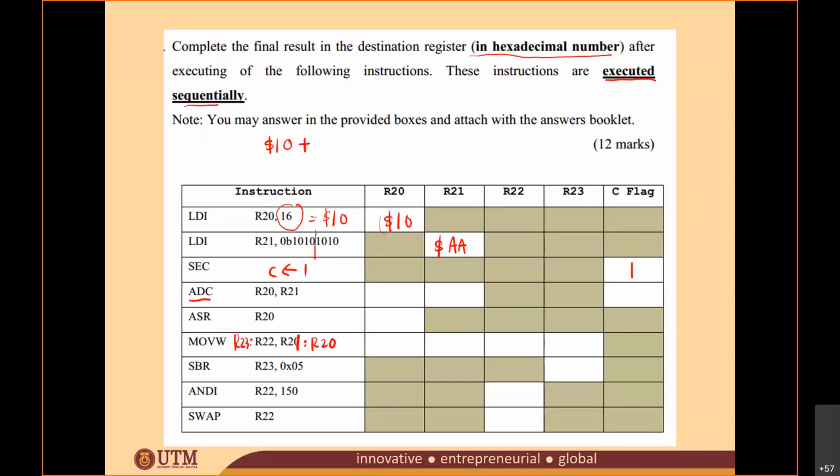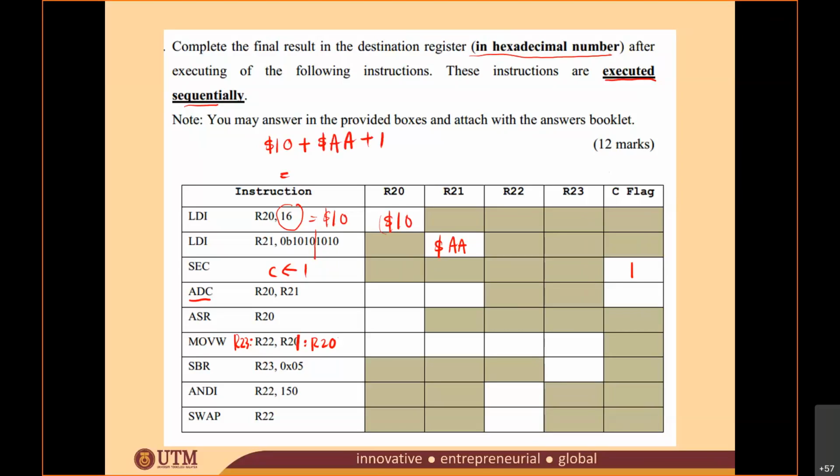Plus R21, which is AA. And then plus your carry. What is your carry flag? 1. So next, you add these numbers, then what value do you get? How much do you get? Anyone? AA plus 10 plus 1, you will get BB.